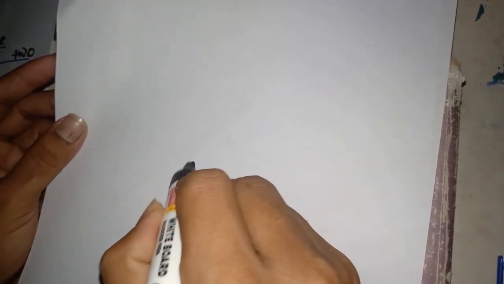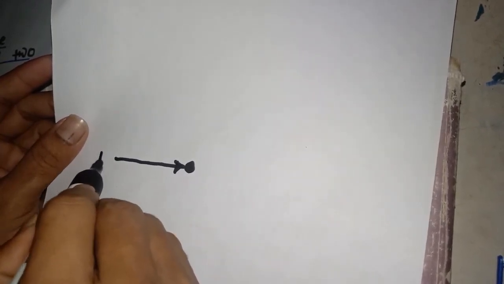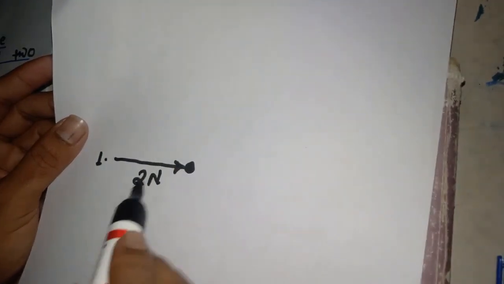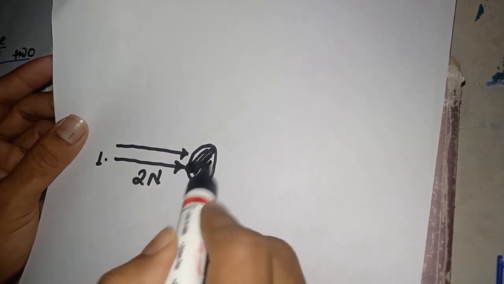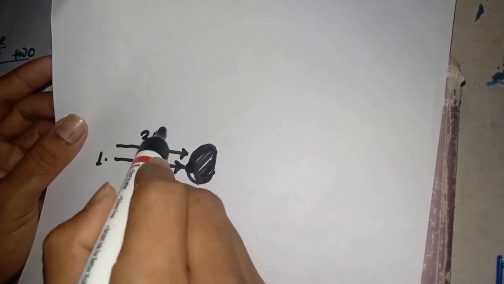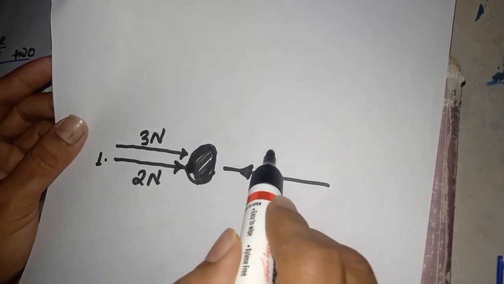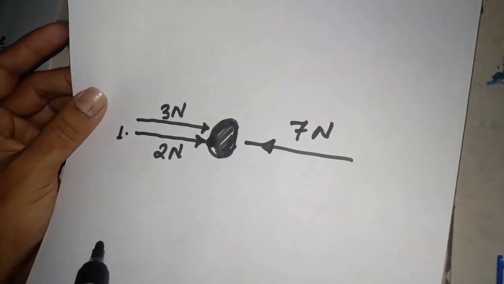Now I give you another example. You can see here, a first boy gives a kick of 2 Newton on the ball, the second boy gives a kick on the ball of 3 Newton, and a third boy in the opposite direction gives a kick of 7 Newton. What will happen in this case?